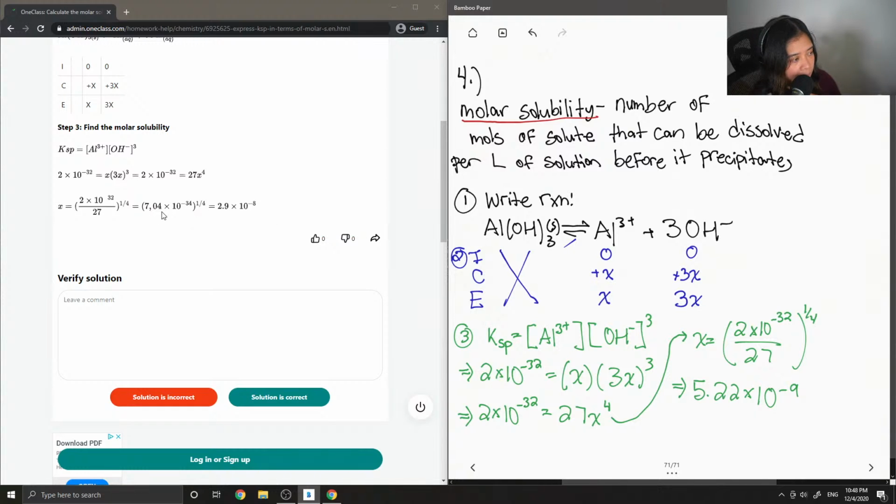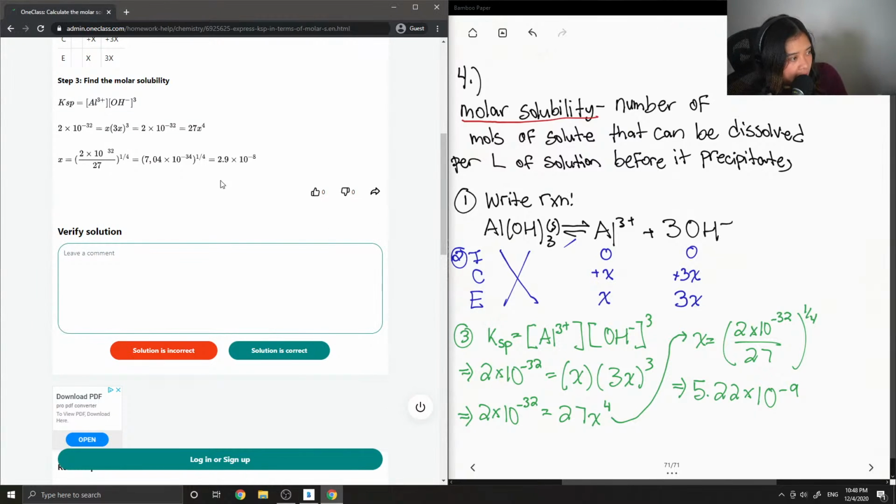Okay, so I believe the number in the bracket is right, but I think they might have made a calculation error for the very last step. I'm just going to say that the explanation is correct.